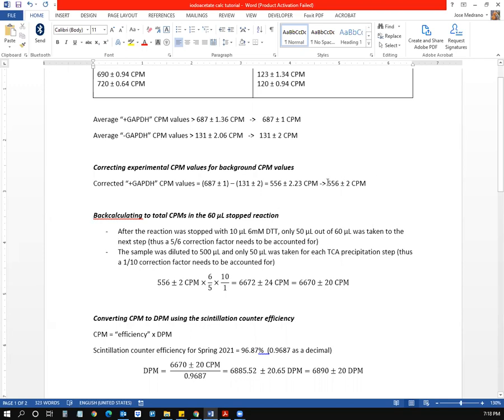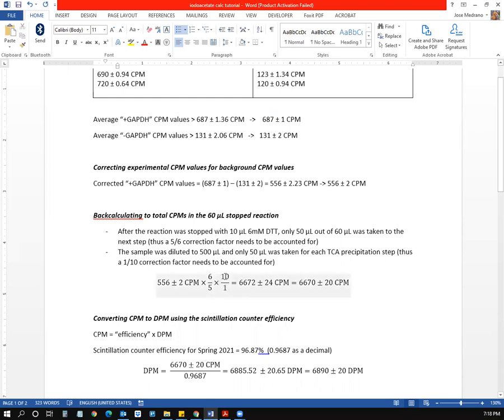So we'll take our previous answer of our corrected CPM. In my case, for the sample calculation, it's 556 plus or minus 2 CPMs. And now we're going to undo these reductions in signal by either dividing by the fraction itself or multiplying by the reciprocal of these fractions, I should say. So I'm going to multiply by 6/5 to undo this 5/6 factor that was applied during the experiment.